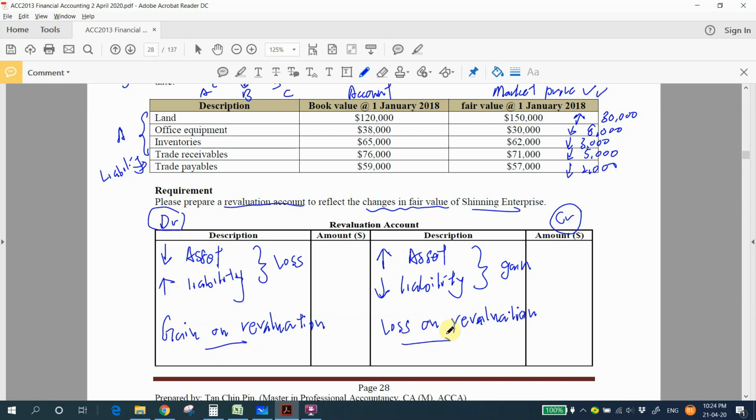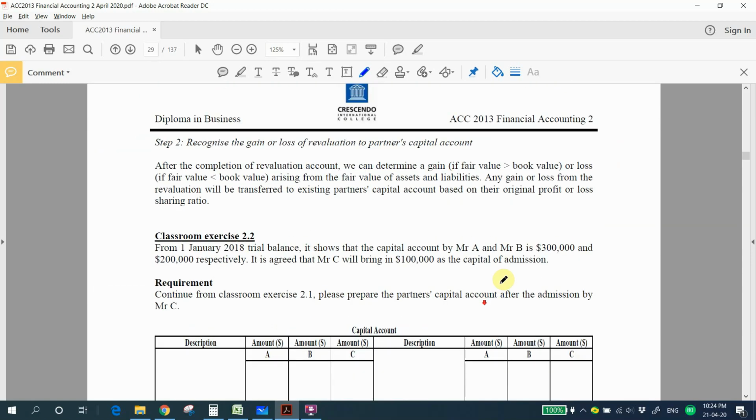So this is your step 1: identify the fair value changes and identify the gain or loss from the revaluation. Next, step 2, you have to recognize the gain or loss of your revaluation to the partners' capital accounts. After the completion of the revaluation account, we can determine a gain when your fair value is more than your book value, or a loss if your fair value is lesser than the book value, arising from the fair value of assets and liabilities.